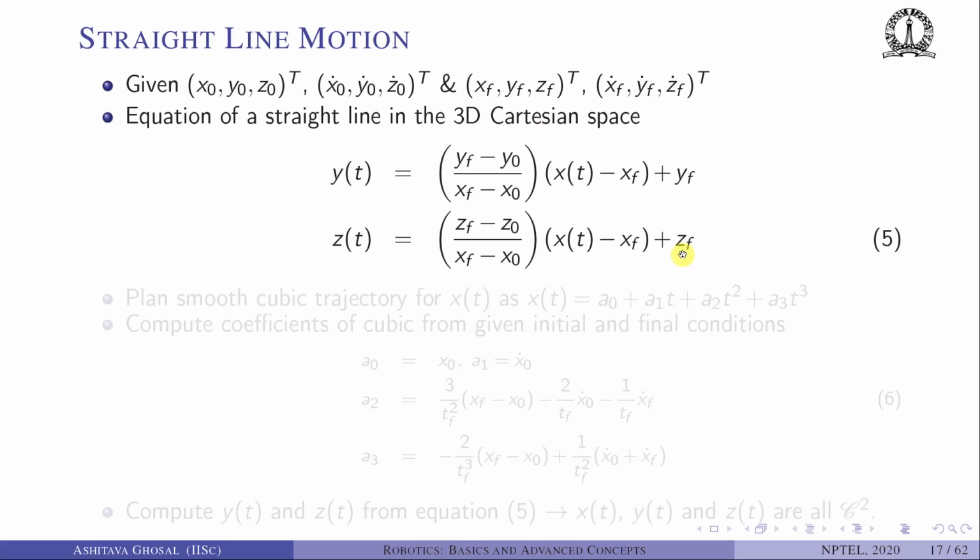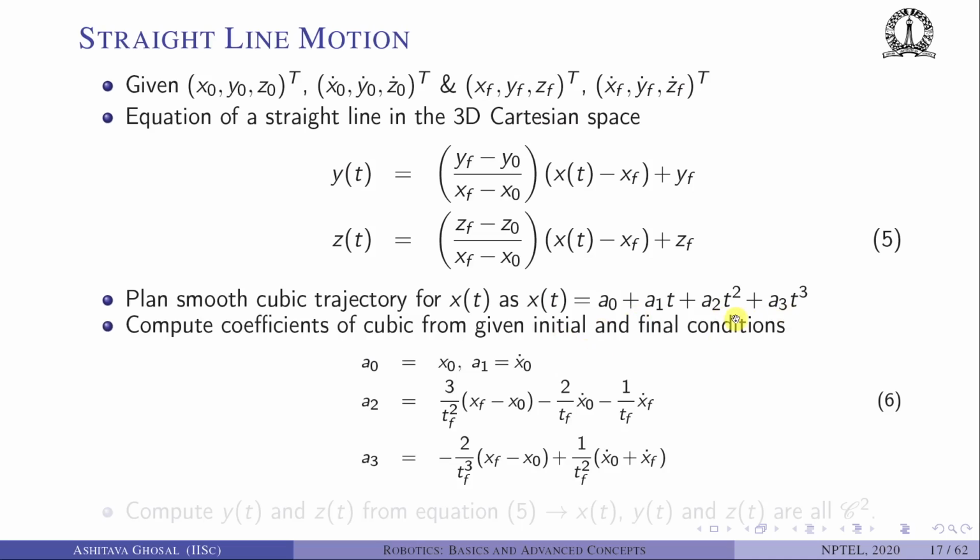So we plan a smooth cubic trajectory for x(t), as x(t) equals a0 plus a1 t plus a2 t square plus a3 t cube. We compute the coefficients from the given initial and final conditions. a0 will be x0, a1 is x dot, and so on.